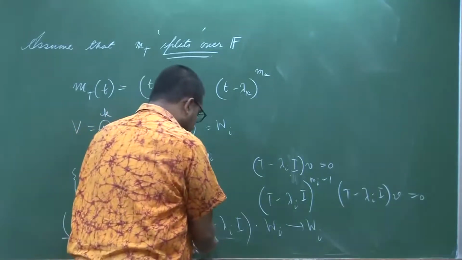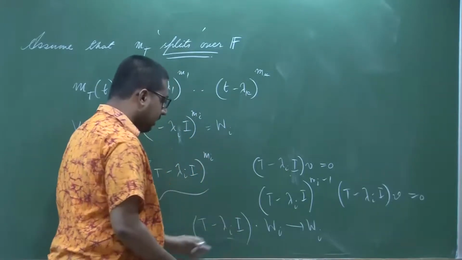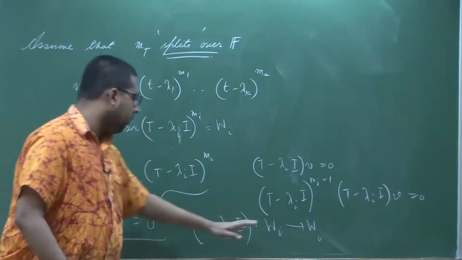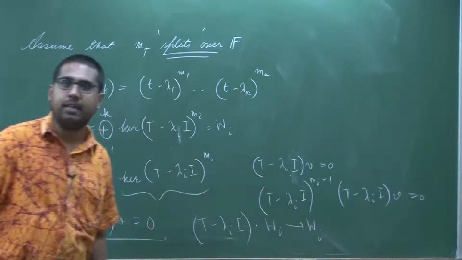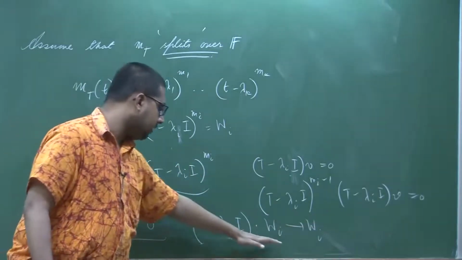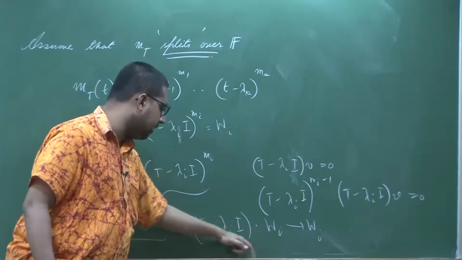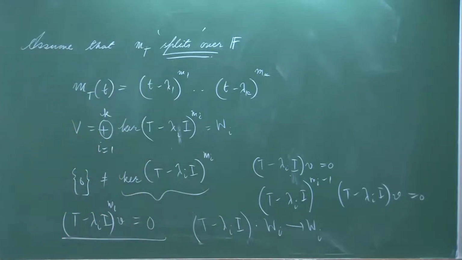So what I am saying is, suppose I can choose an appropriate basis B such that the matrix of this operator is a simple one.